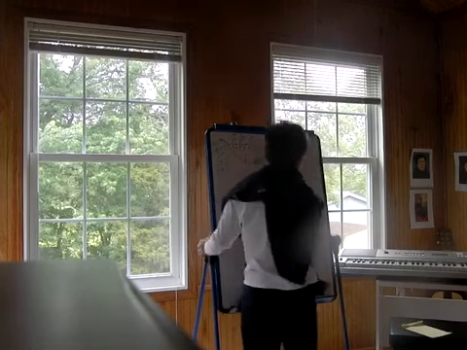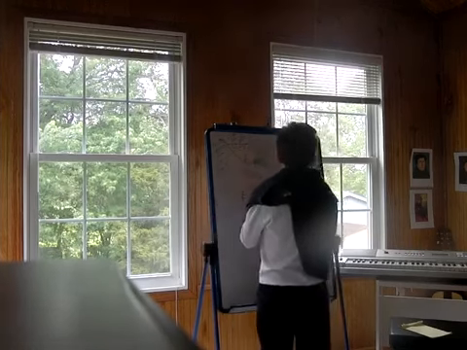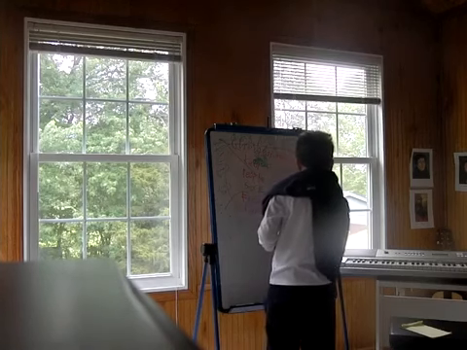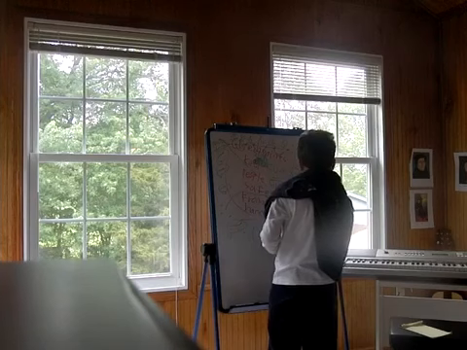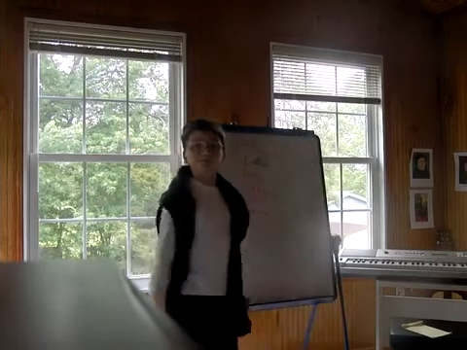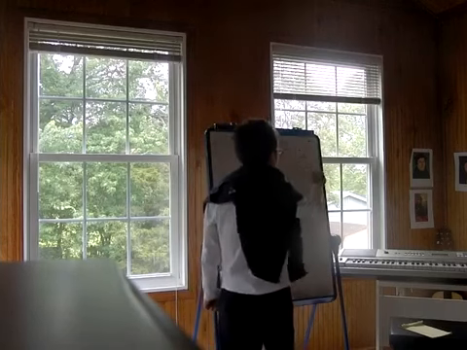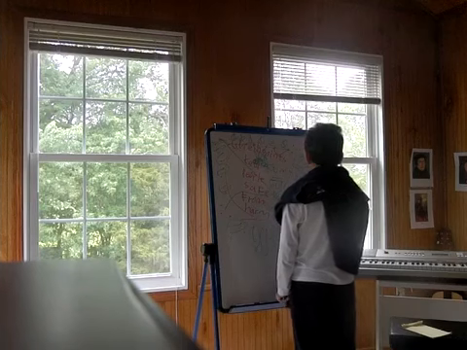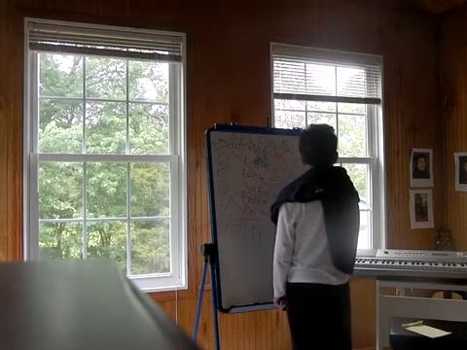And in each little space, we need to draw horizontal lines. In each of these spaces. 1, 2, 3. So, in these horizontal lines, what we need to do is we need to put dots.